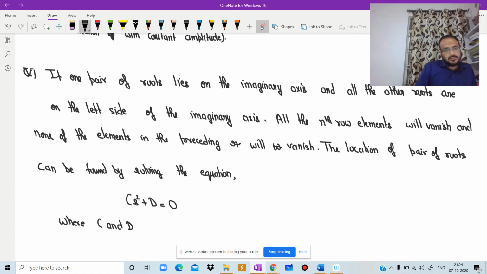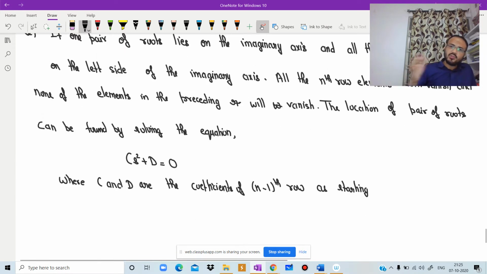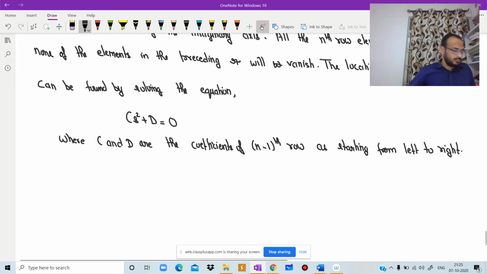c and d are the coefficients of the n minus 1th row, because the nth row will vanish, so it is the elements of the n minus 1th row starting from left to right.